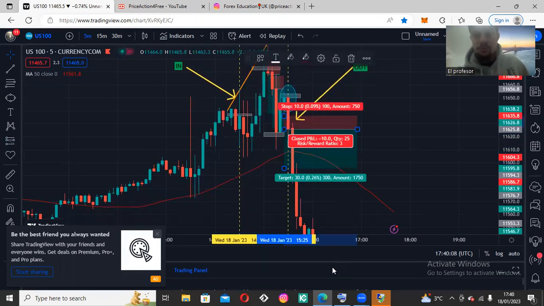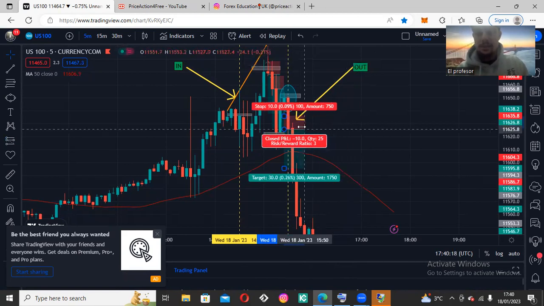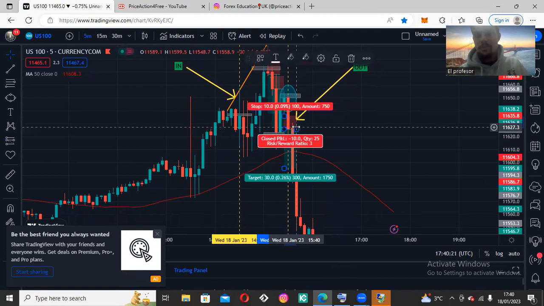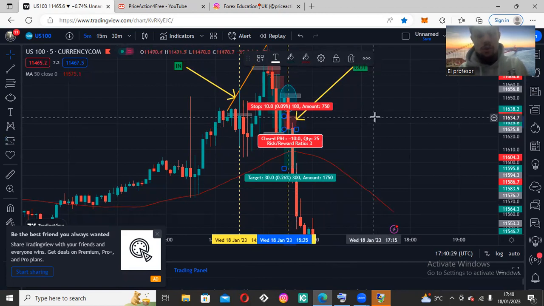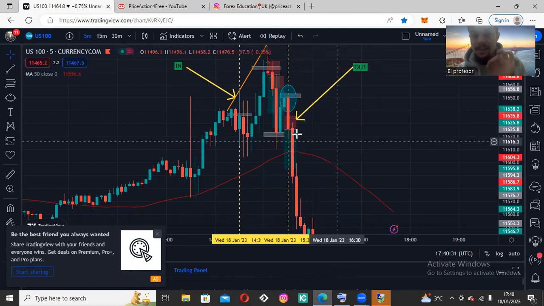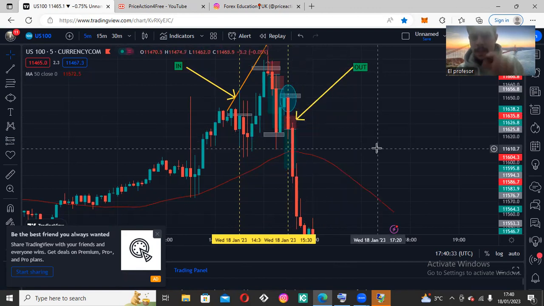Last trade I would take, because I'm already out at this point. But it's a really nice setup. I will not leave this setup because maybe even if I trade the next day, I probably would not find this setup.